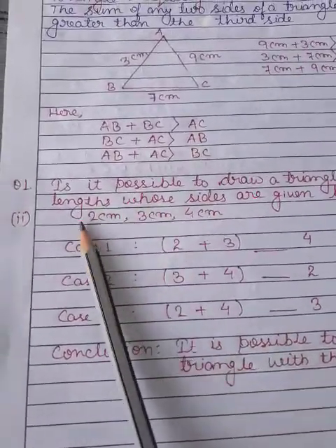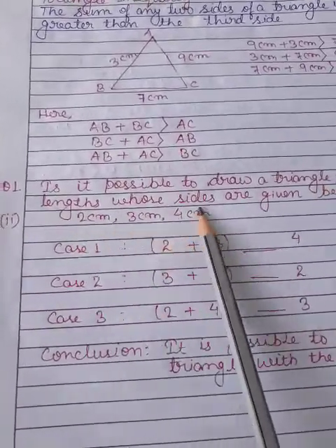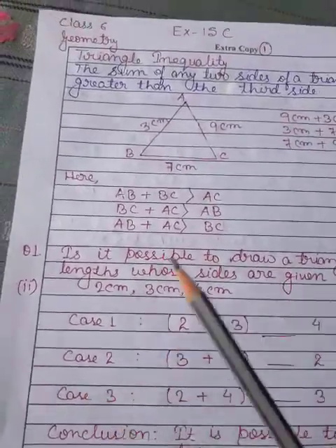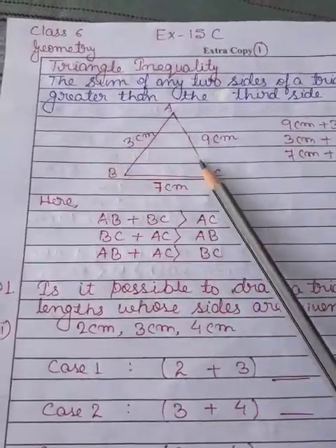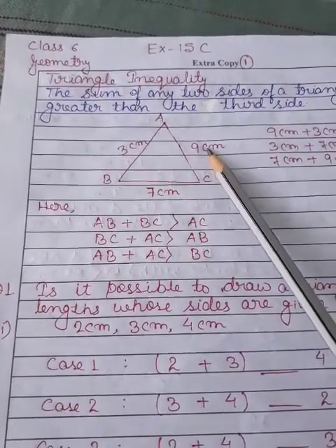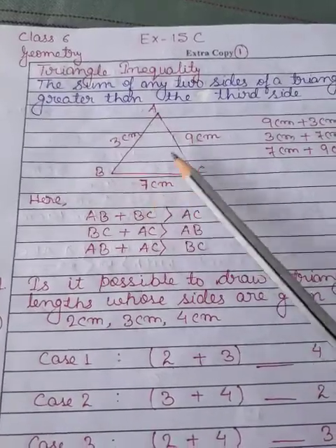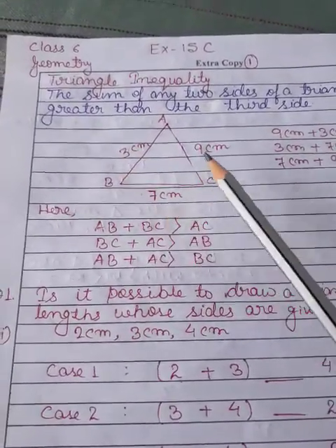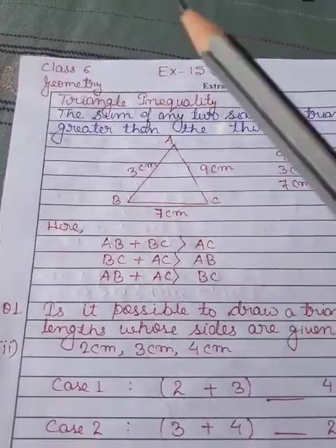As I told you, we have to check all three cases. We add two sides and see whether the sum is more than the third one, and do this for all three pairs. In all the cases it should come greater than.